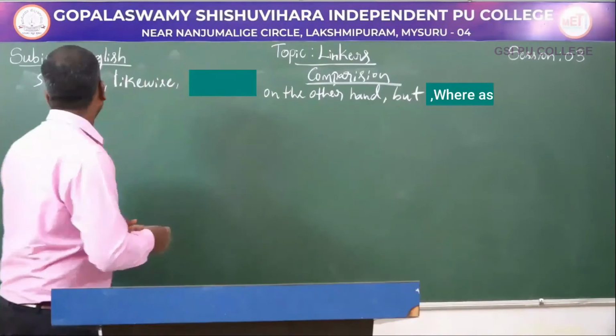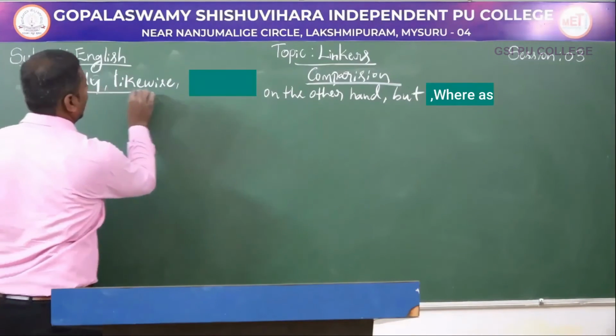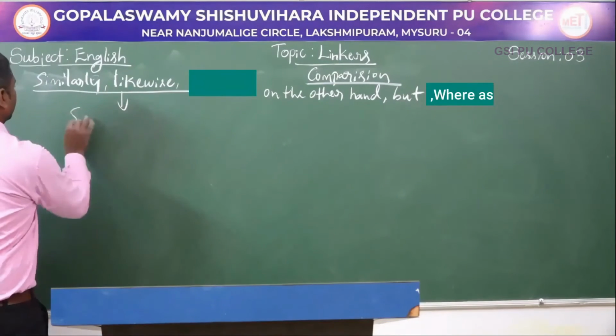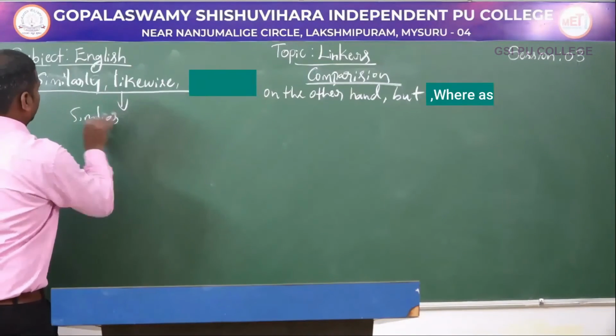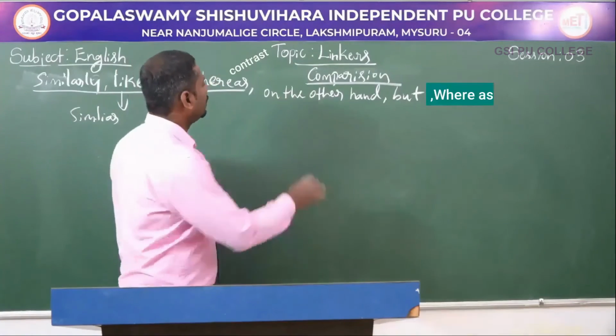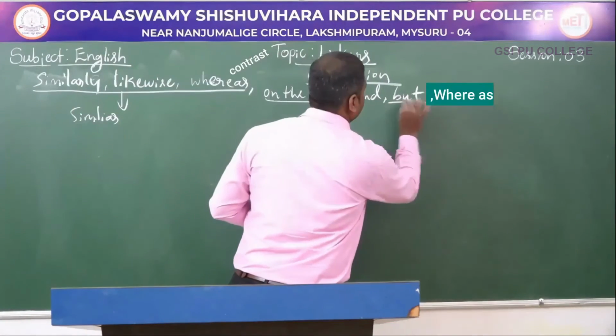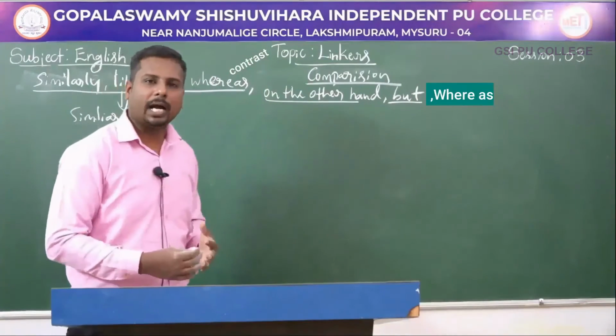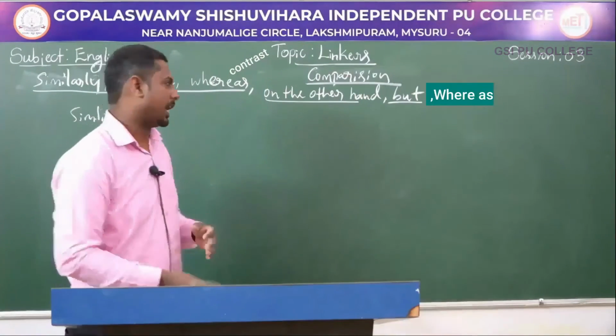Now, words like similarly, likewise make comparison between ideas that are similar. But here, phrases like on the other hand and words like but make comparison between two ideas that are contrast.